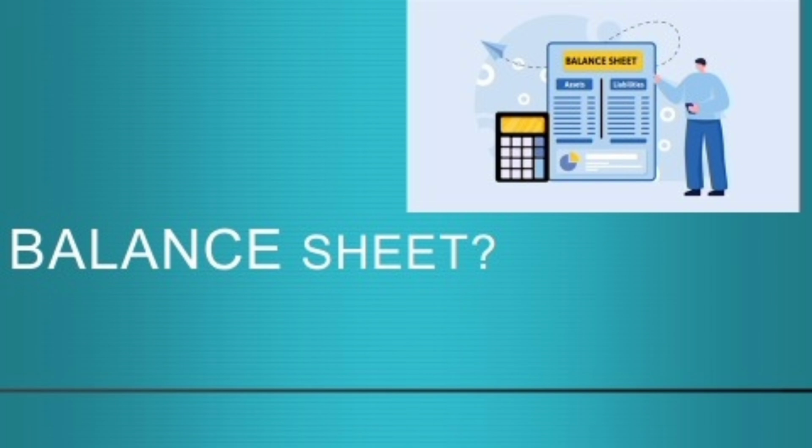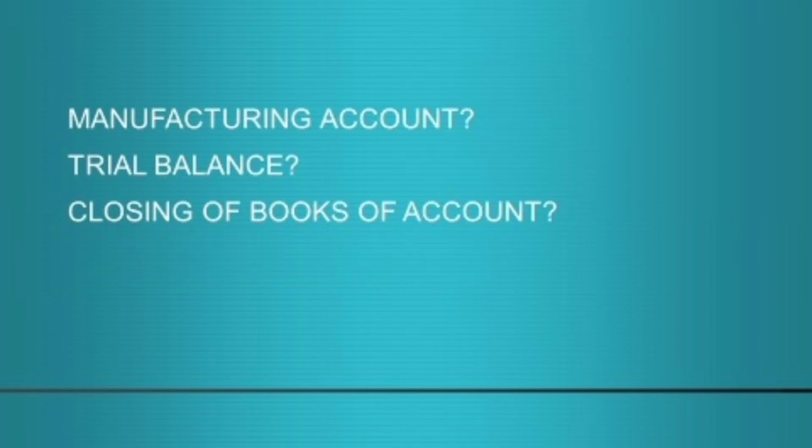Now let's see about manufacturing account. Manufacturing account, if prepared, shows the cost of goods manufactured during that year. This cost is transferred to trading account. Raw material consumed, carriage inward, wages, power, depreciation of factory buildings, machinery, etc. and other manufacturing expenses are debited to it.